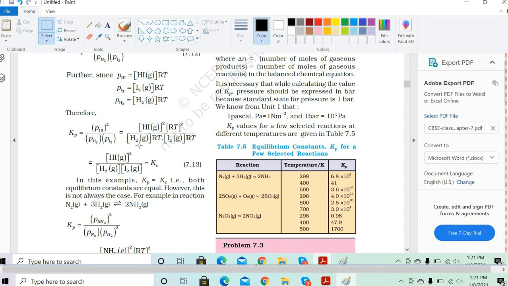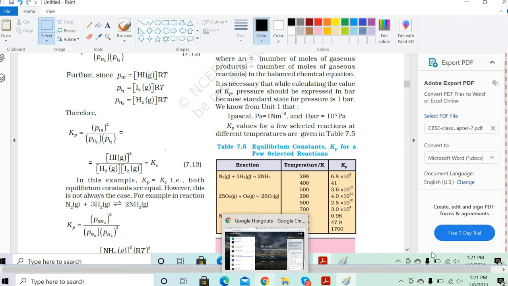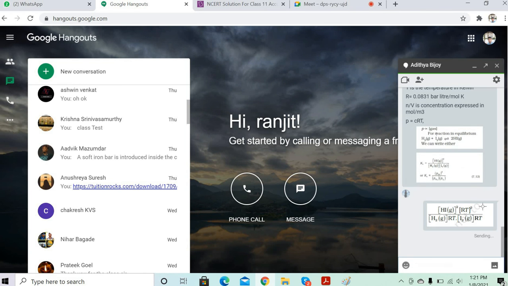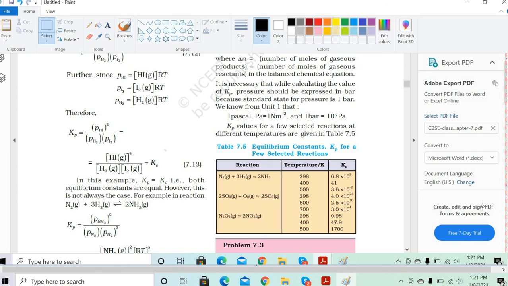So you put the value of P of HI, it will be given as CRT. Can I say that? P is nothing but the CRT. So C is nothing but the concentration of the HI gas. Okay. Is this part clear?